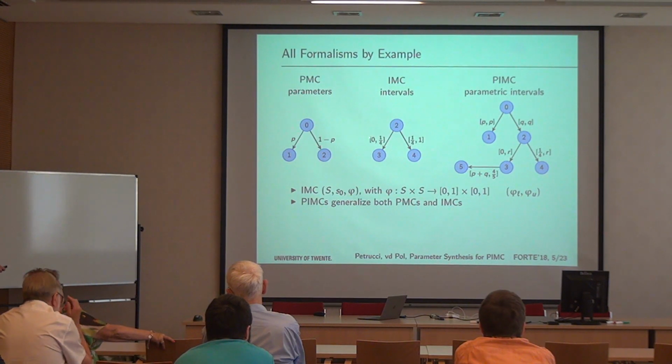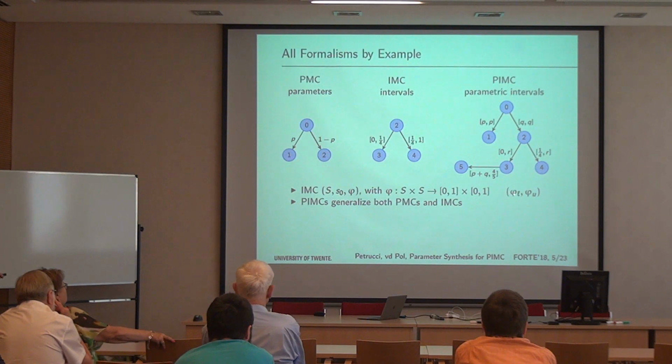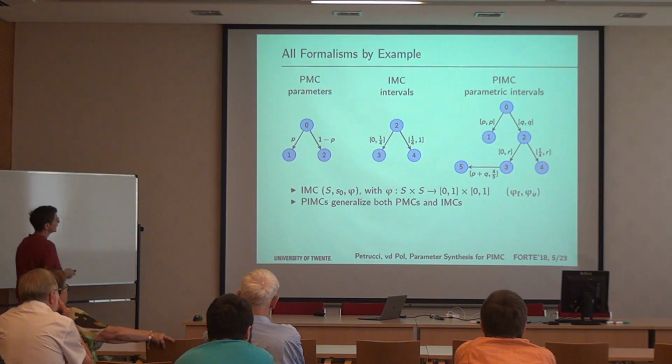So from 2 to 3, it would be this interval 0, 1/4. It's denoted by phi L and phi U for the lower and upper bounds of the interval. And PIMCs generalize both PMCs and IMCs as they handle both intervals and parameters.